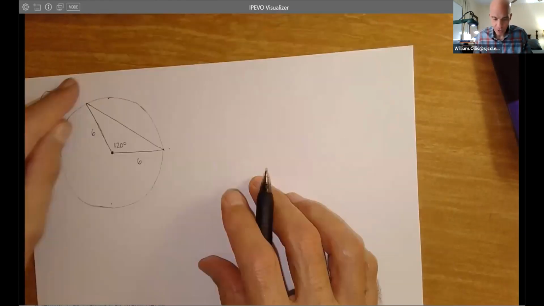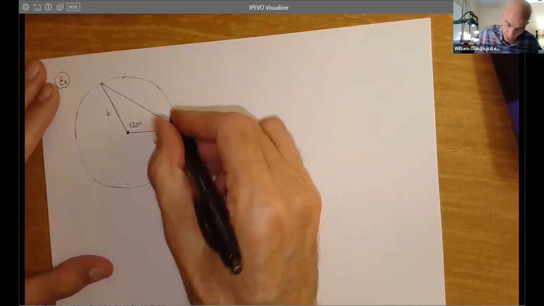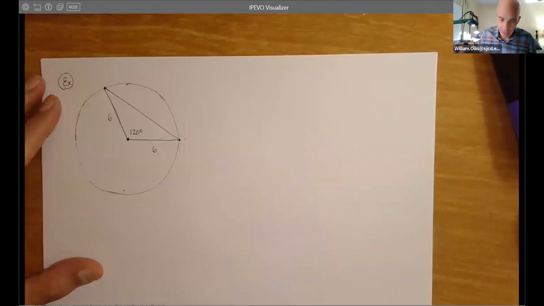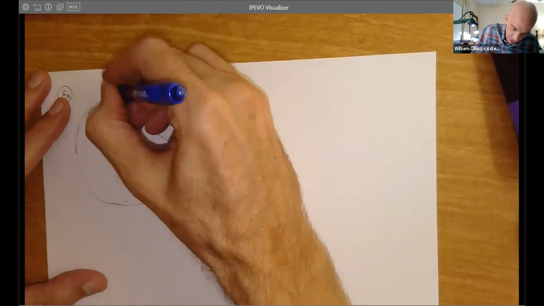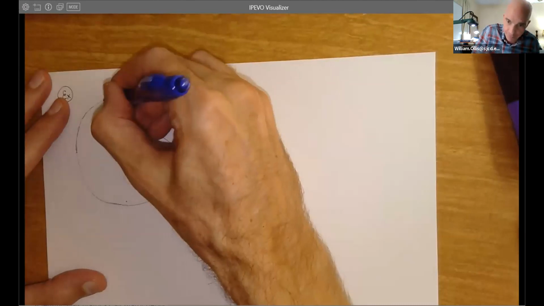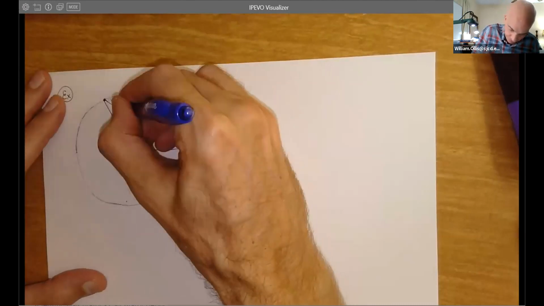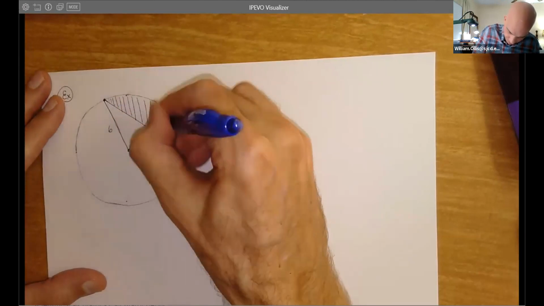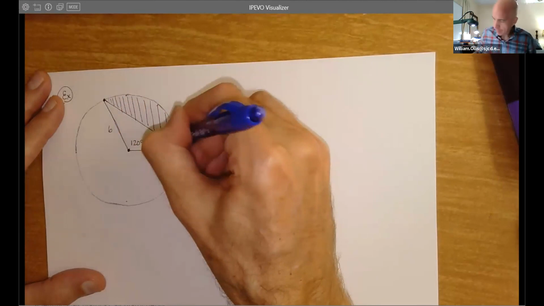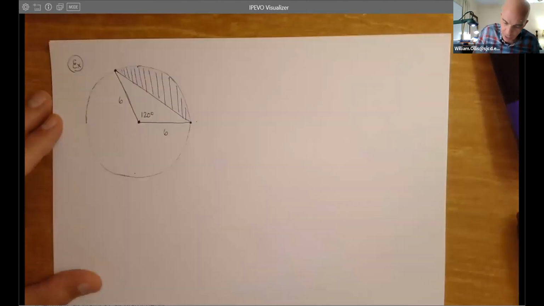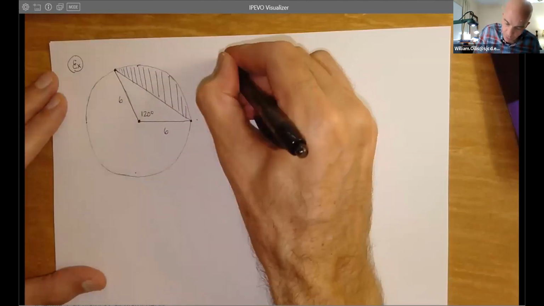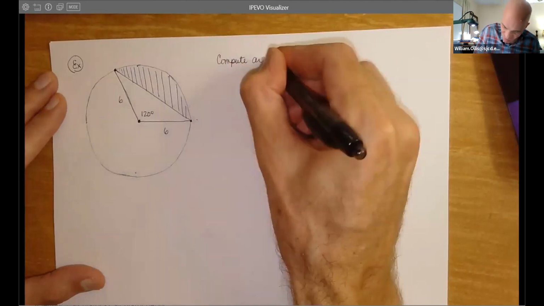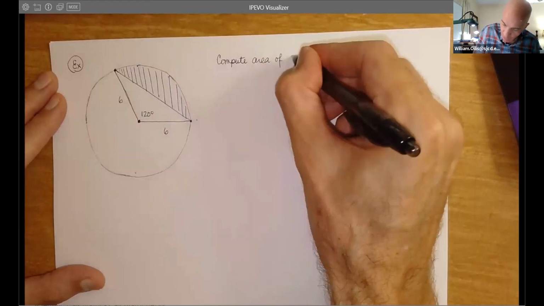Did you go here or did you go here? So we'll refer to them as terminals. And then we do this. So the problem here is to compute the area of the shaded portion.